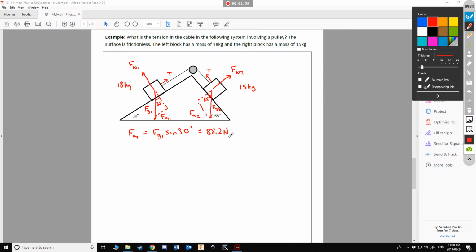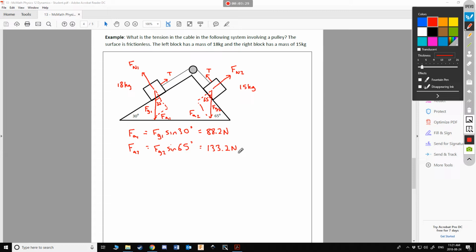I'm going to round at the end, not right now. For FA2, we get FG2 sine 65 degrees. So 15 kilograms multiplied by 9.8 multiplied by sine 65. So 133.2 newtons.